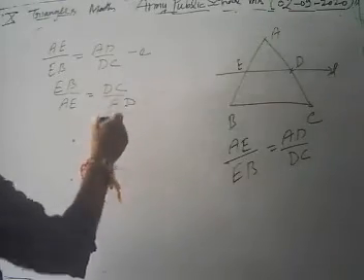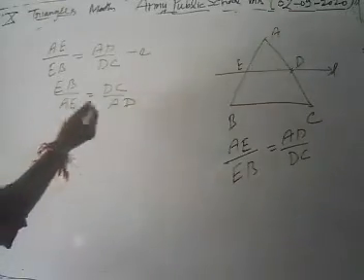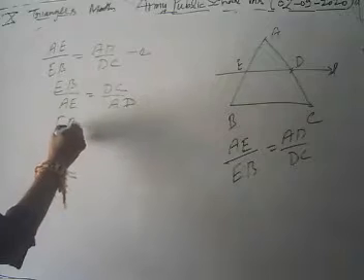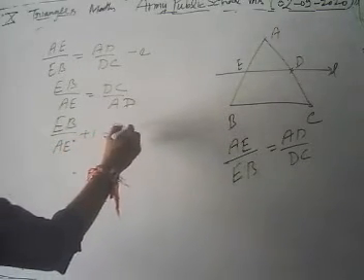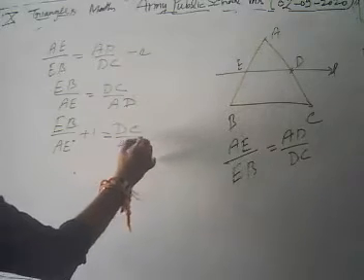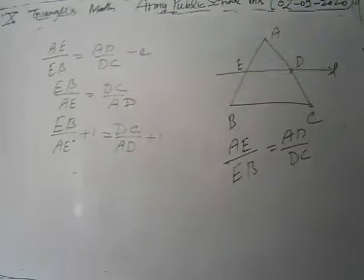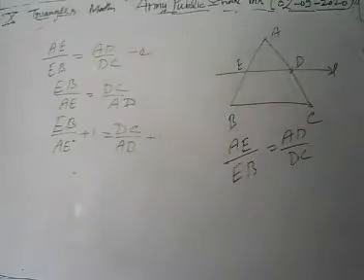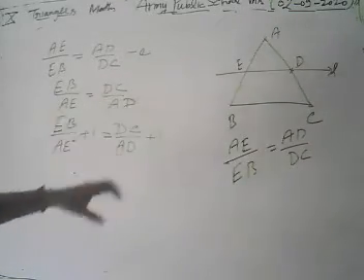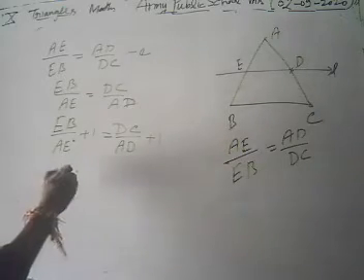अगेन सेम वर्कआउट, ऐड कर दिया दोनों साइड में 1, EB upon AE plus 1 is equal to DC upon AD plus 1. ठीक, now we are going to be again taking LCM and then going to solve that. Then what we have?